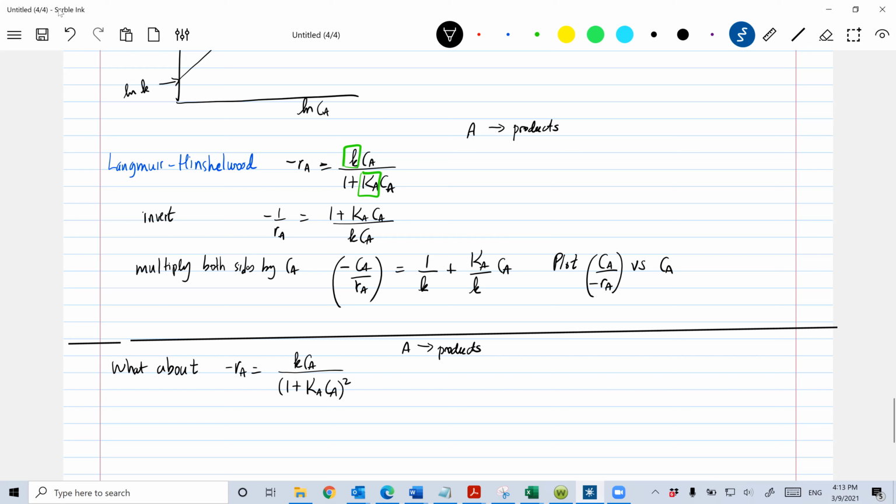The likelihood of this happening is a dual site mechanism where you have A S star goes to give you P plus 2 S star. Because here you don't have the product in the denominator, so the product does not adsorb on the surface. So the product goes in the gas phase, but the substrate adsorbs on the surface, and then you liberate two sites after the product is formed.